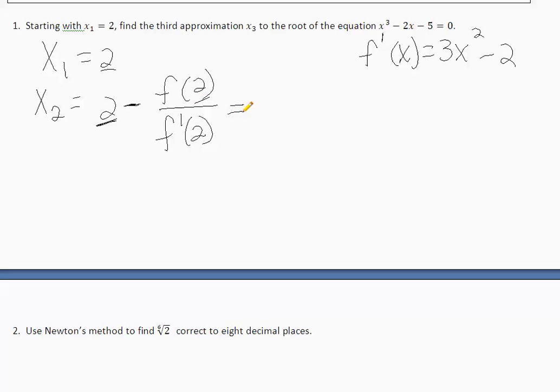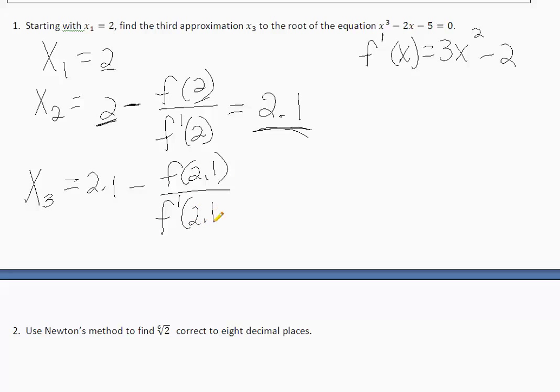You do this out, you get, say, 2.1. I don't have all the decimals, I'm sorry. You are going to keep at least 4 decimals. Then I would do x3. So x3 would now be this answer, 2.1, minus f of 2.1 over f prime of 2.1.